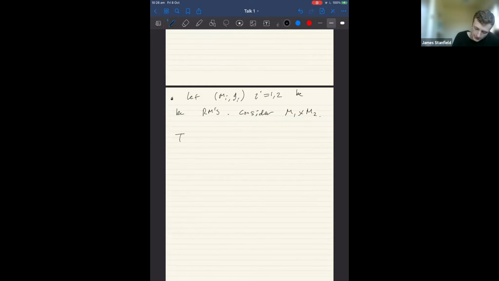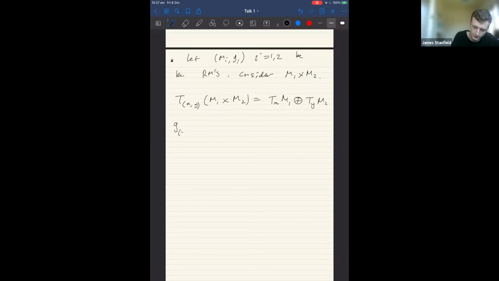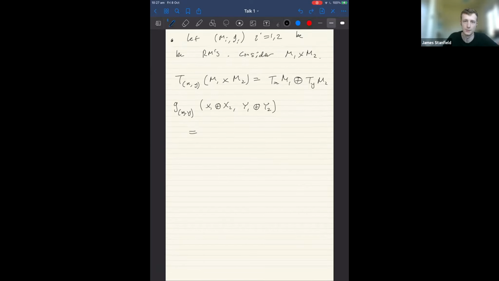Well, the tangent space of the product at some (x, y) can be canonically identified with the direct sum. And then the metric is, and I'm sure you can pretty much guess what this is going to be, just the one that makes this an orthogonal decomposition.